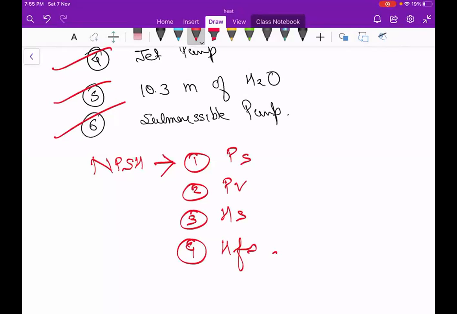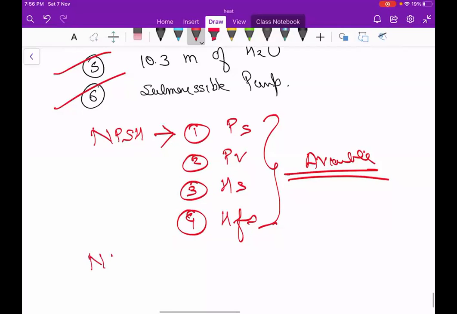Samitva is also a part, but I'm not going to take that. It is very important actually for turbines.